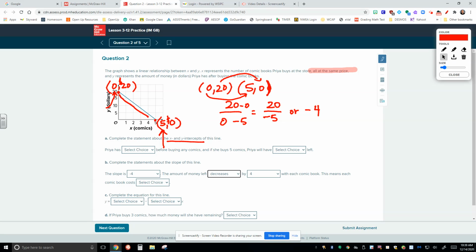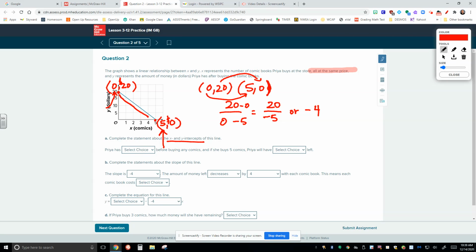If I selected -4 in the wrong place, what I would actually be doing is saying that subtracting a negative is the same thing as adding. And so we would see in our equation plus $4 for every comic book. That means that she would actually be making money for every comic book she buys. That doesn't make sense. You can't make money when you're buying stuff, unless you're reselling stuff. So we have to be really careful about that piece.